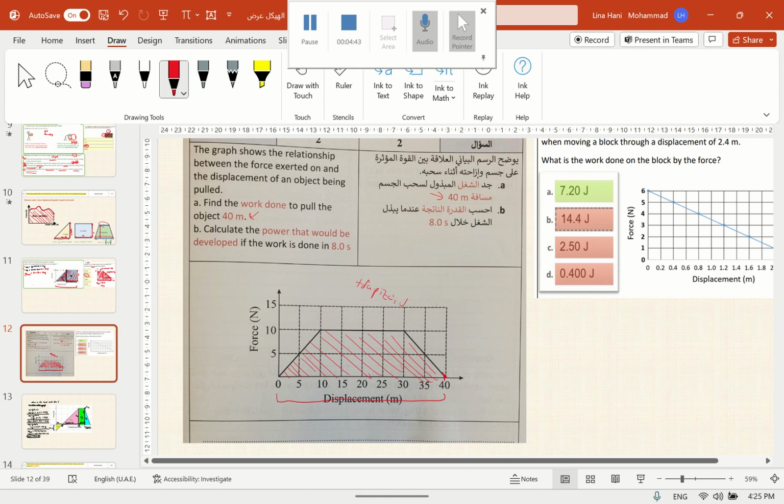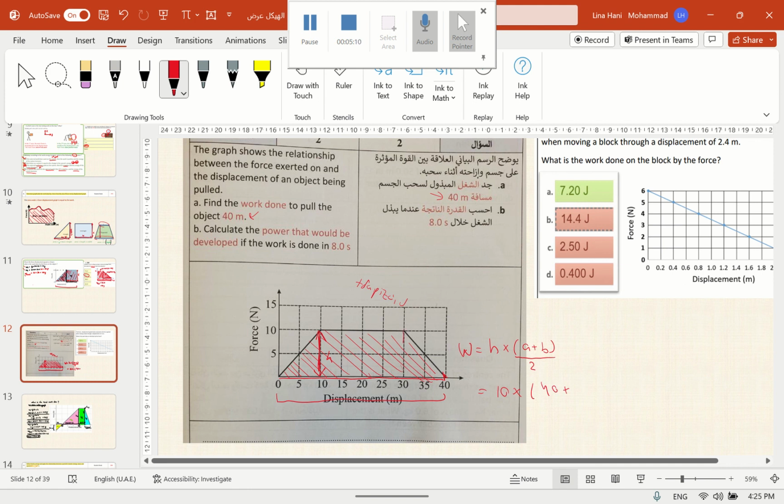That's a trapezoid, so the work is equal to the height of the trapezoid multiplied by the sum of the two bases divided by 2. Now the height of the trapezoid, you can see it is 10. This is the height of the trapezoid. It is 10 times this base right here, the bigger base, that's 40 obviously.